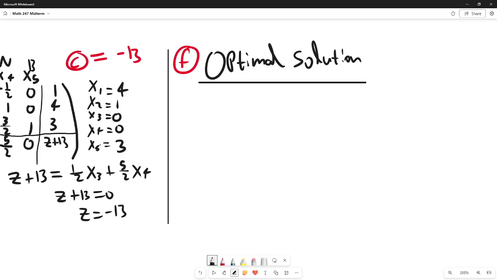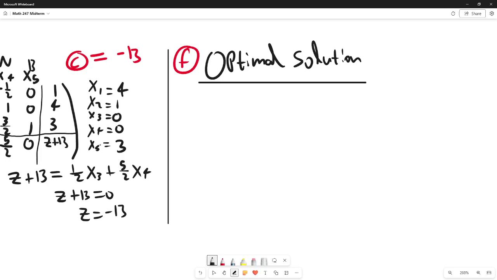Okay, sorry about that. So yeah, this is the optimal solution. Why? Because all of the coefficients within the objective function are positive. What does this mean? Well, if all of the coefficients in the objective function are positive for each of those variables, if they were to increase, sorry, my mic was muted.